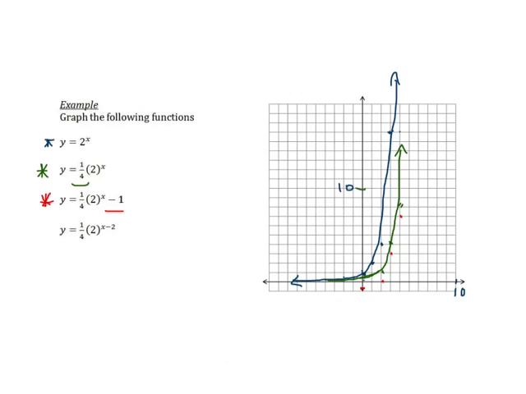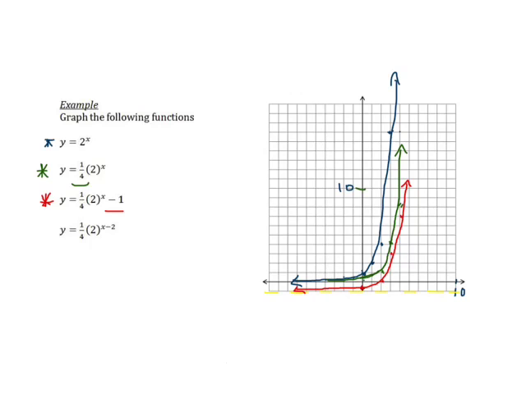And now our asymptote is going to be this line at negative 1. Let's mark that as an asymptote with a dotted line. And now we can graph our graph, something about like that.